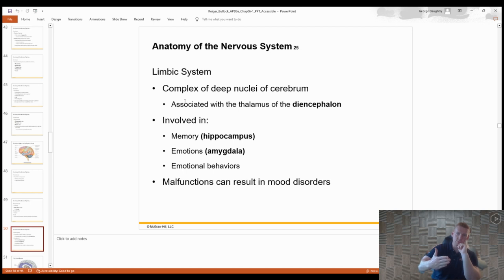So now when I see a spider, I might scream, I might freak out, I might walk away, run away, whatever. That's going through the limbic system. Emotional behaviors, emotional decisions, memory, and the emotional response. All of those complex psychological pathways are occurring in the diencephalon, which is where my limbic system is. That's where the hippocampus is, and that's where my amygdala is. Okay.